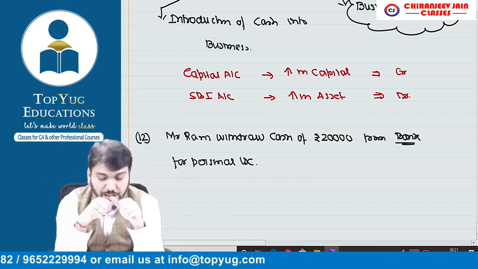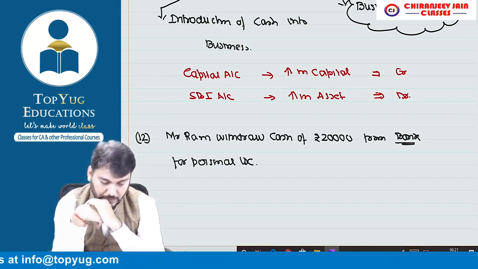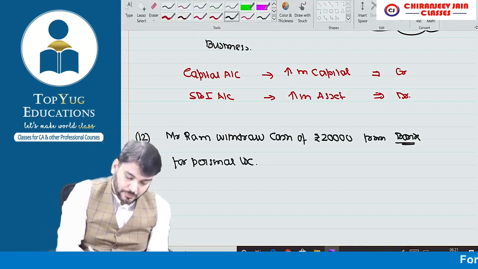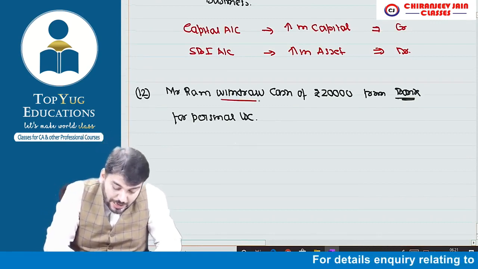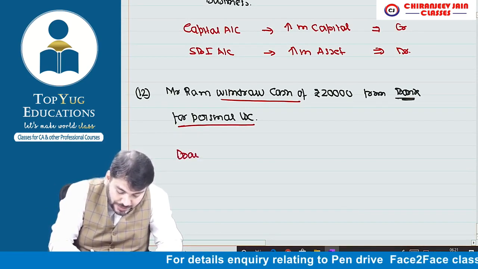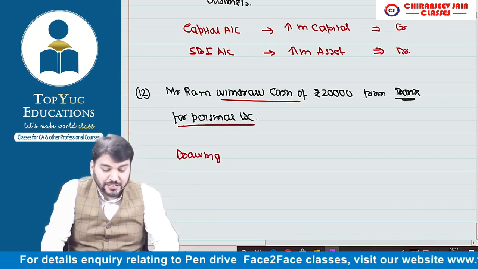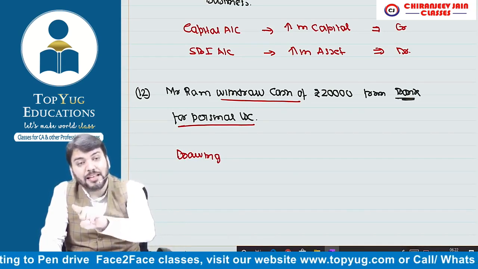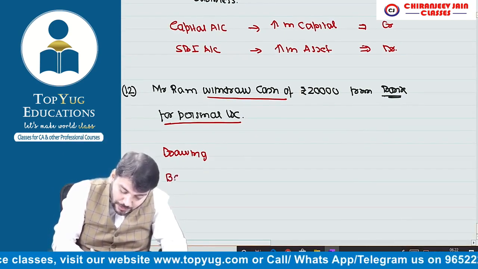Sahil, I am coming to your doubt. First you answer this. Very good. So can I say withdrawn cash for personal use, correct? So drawing account, very good. And which other account? Cash will not be affected here. Tell me, has the cash balance of business decreased or has the bank balance decreased?